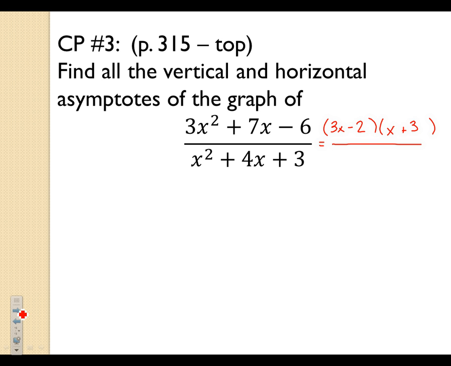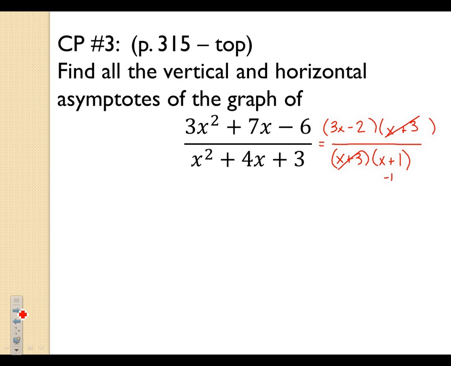The bottom will factor into an x plus 3 and an x plus 1. Notice that the top and the bottom both have an x plus 3 factor. So we're going to let those two cancel each other out. That leaves us only x plus 1 in the denominator.